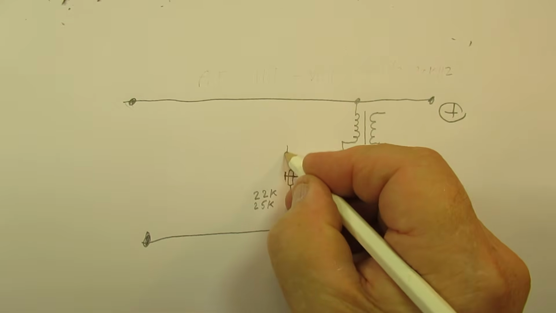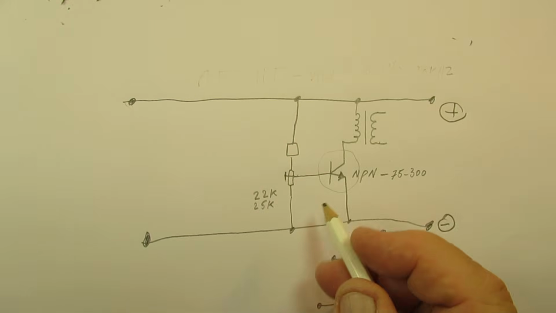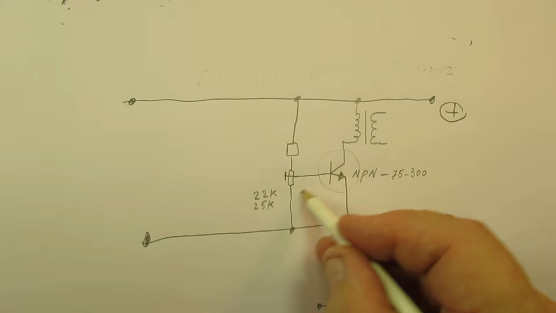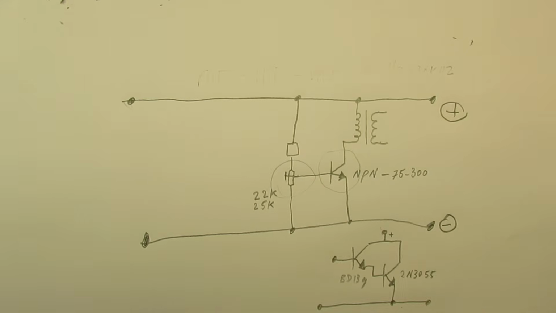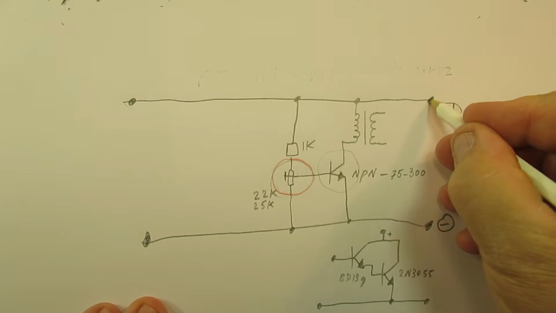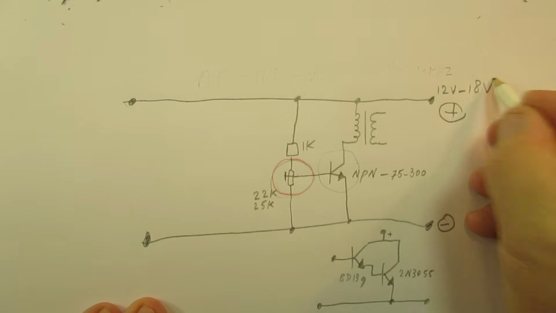And here we always need the protective resistor going to the positive. And now we can align here. And that's extremely important, the bias of the oscillator. This is 1 kilo ohm, given the situation that we have here 12 volt up to 18 volt.